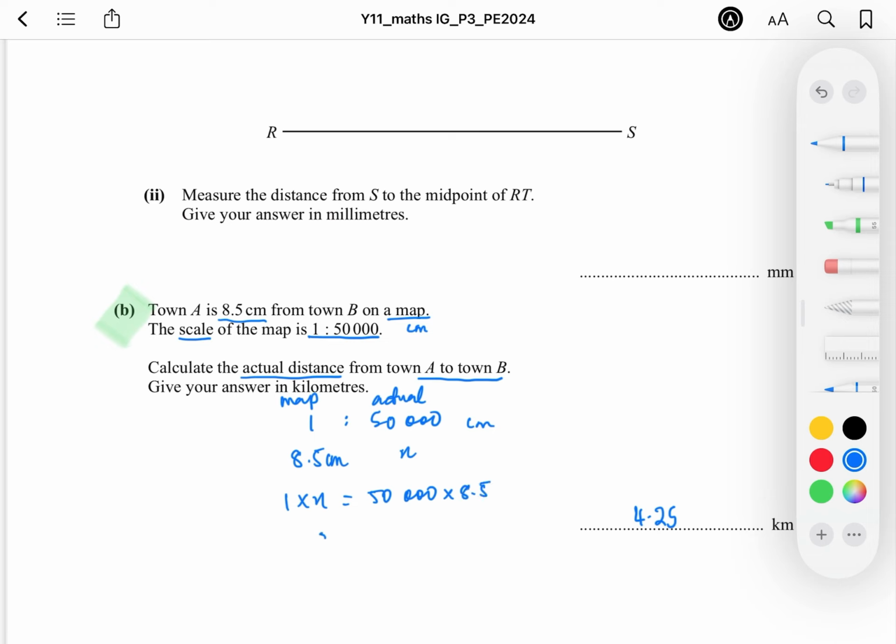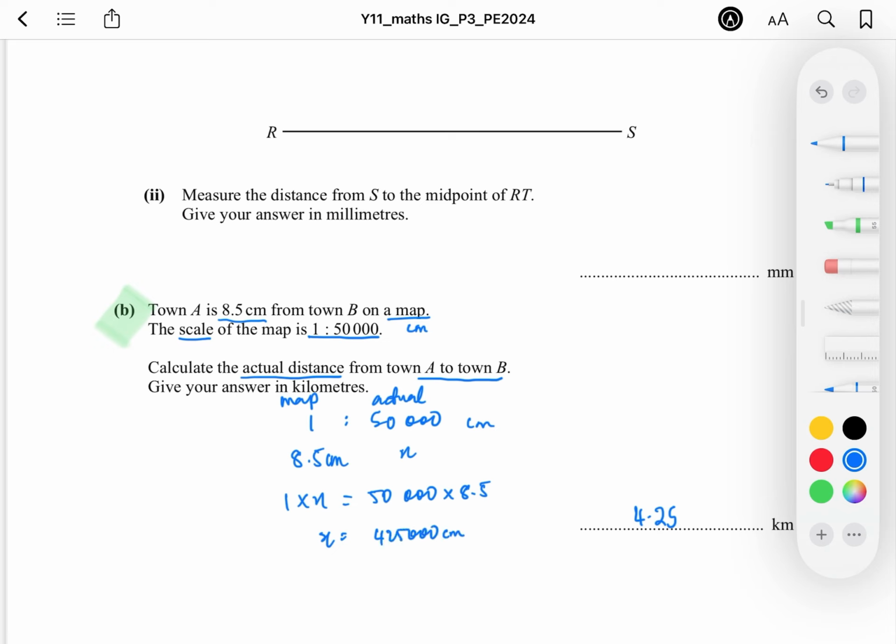Cross multiply, and you should get 50,000 times 8.5 is equal to 425,000.